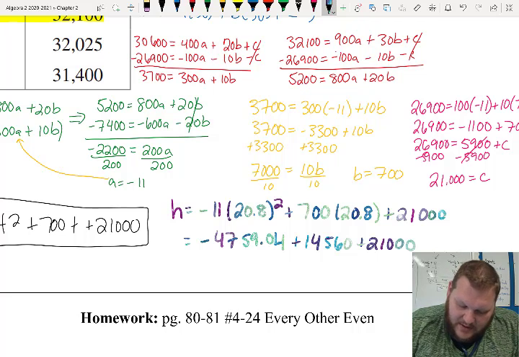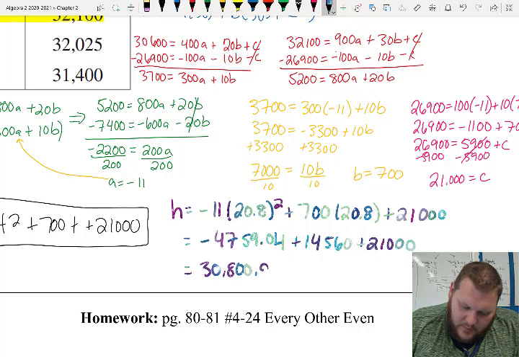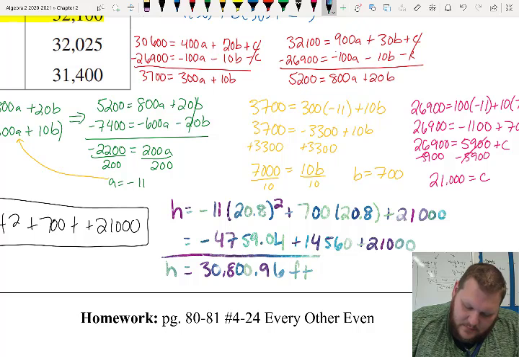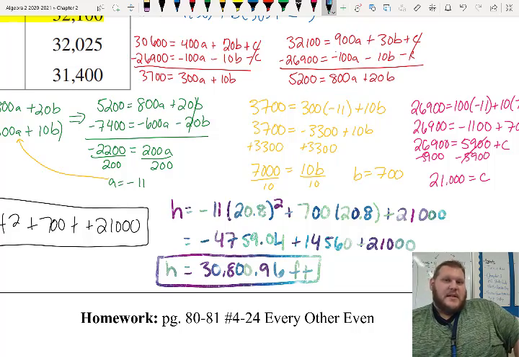In total, we get 30,800.96 feet. That is the height at 20.8 seconds, where we start experiencing weightlessness.